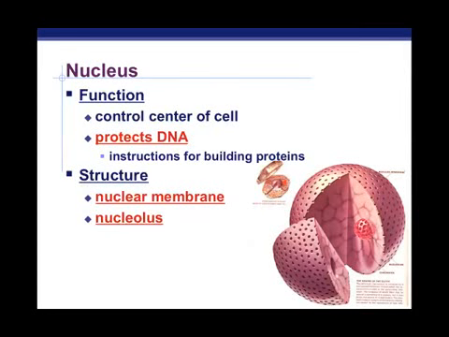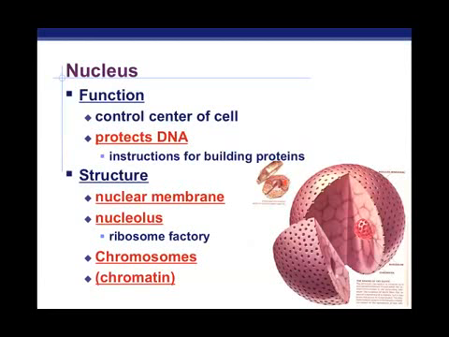Inside the nucleus is something called the nucleolus, which makes ribosomes, which we really haven't looked at yet, but they're outside in the cell. The rest of the cell, they're outside of the nucleus. So they're made inside the nucleus and they go out into the cell.